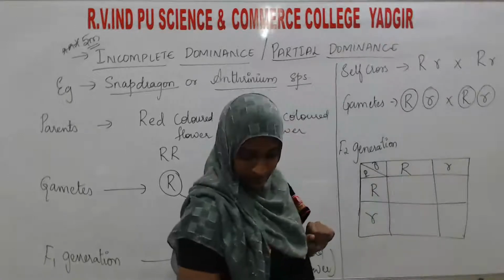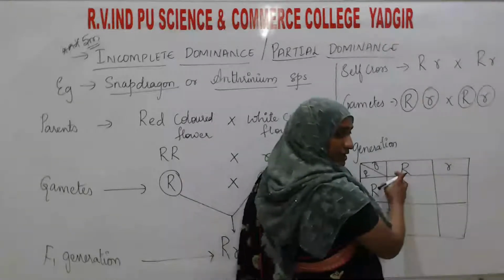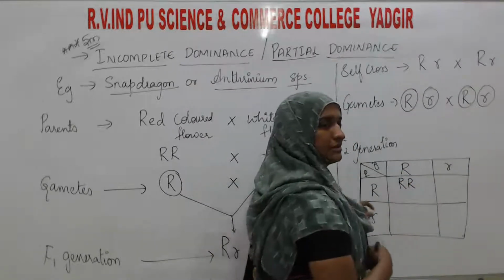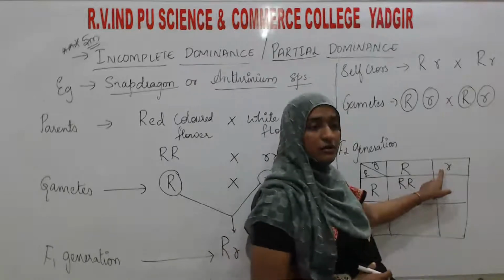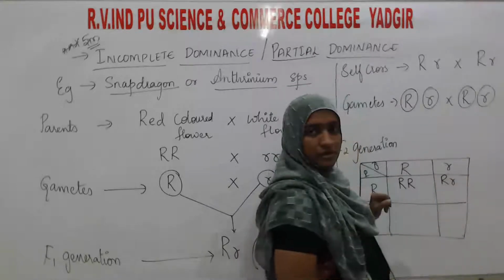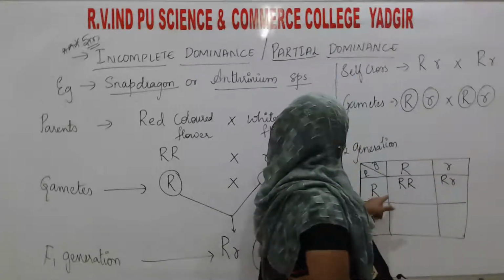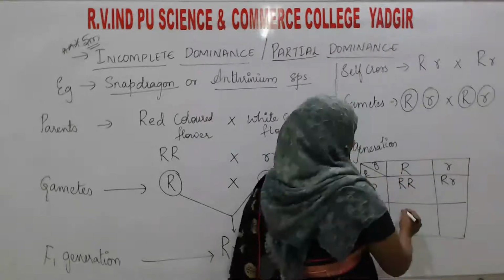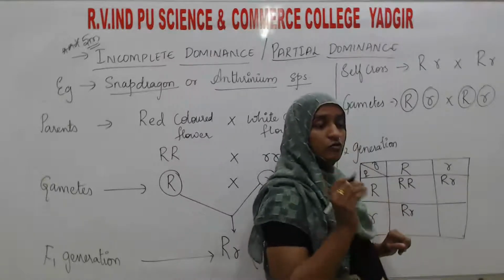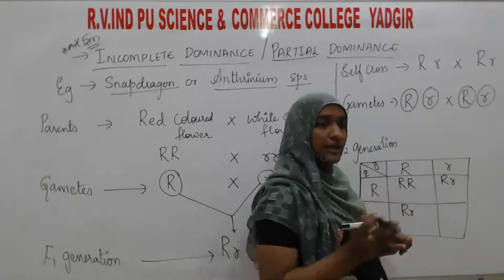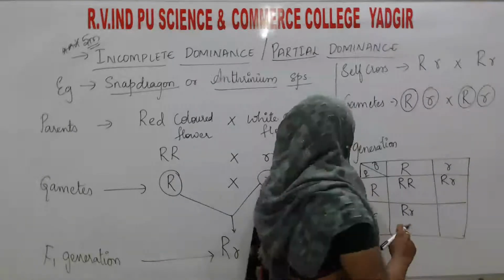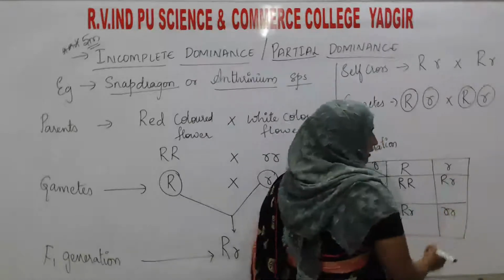Now next you see here capital R and capital R, capital R, capital R. Next, capital R into small r, it will become capital R, small r. The next, small r into capital R, that is capital R, small r. Always the capital letter should be written first, then the small letter, because the capital R is the dominant one. Small r into small r, small r, small r.